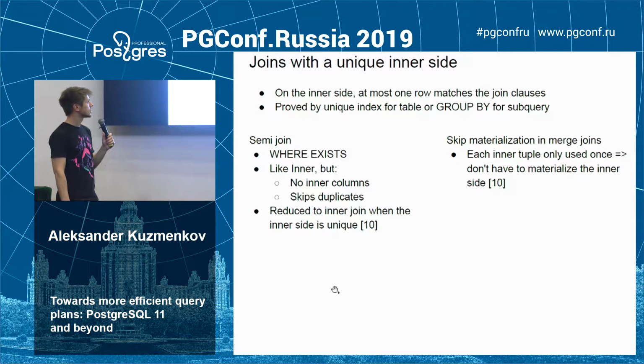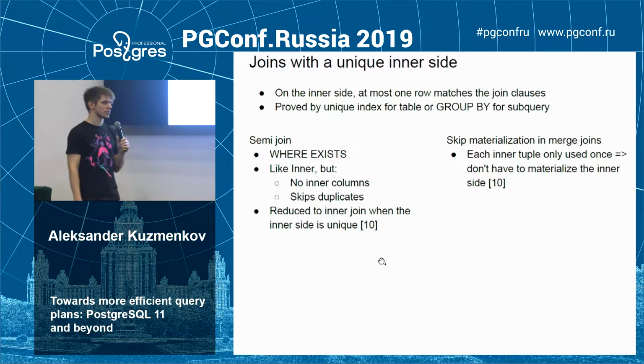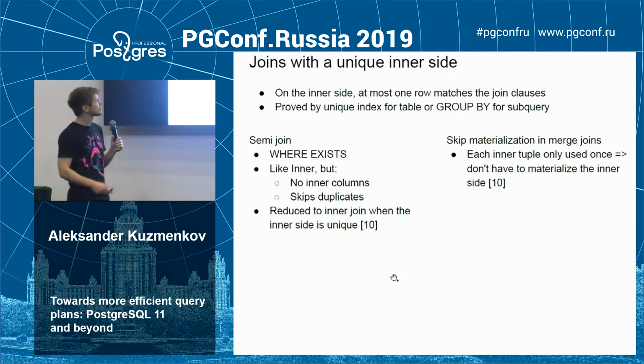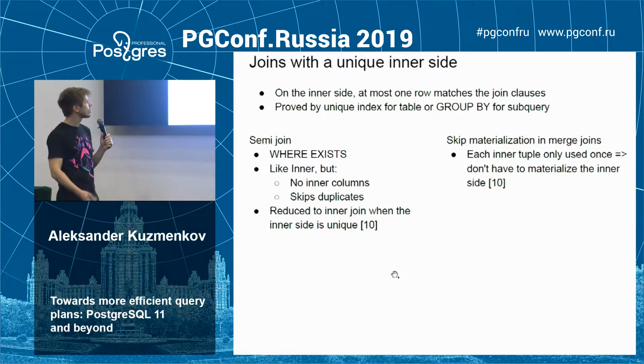In fact, joins are a very expensive tool, and the fewer you have, the better, because planning can be very costly. We're trying to minimize them, or at least to discard them altogether, but there are very important cases when you have to use join.